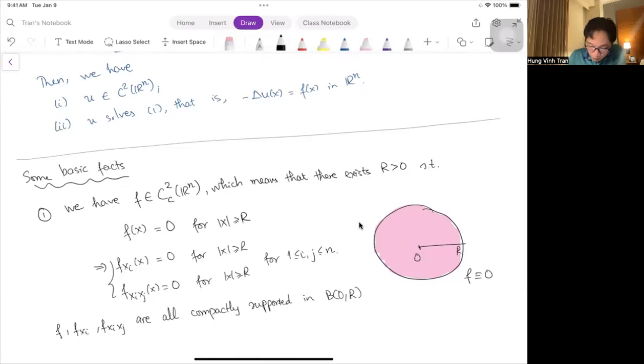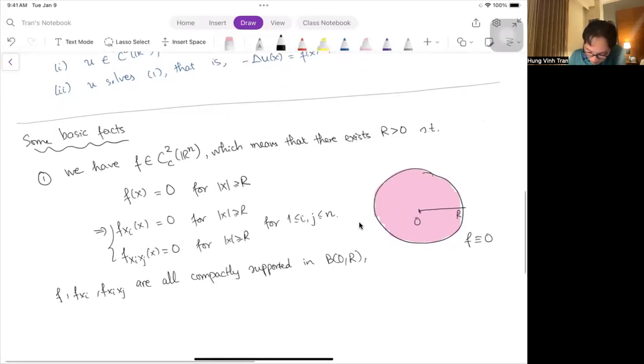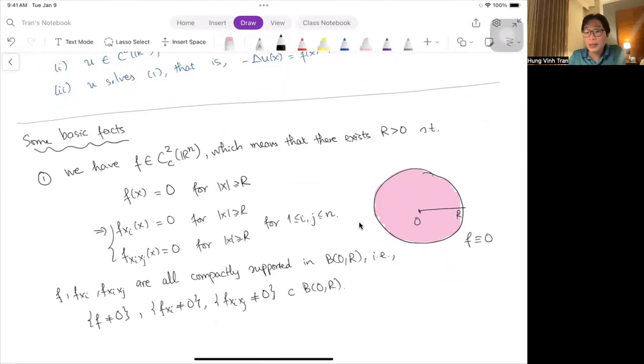Here compactly supported means that the place where f is not 0, again, f is 0 outside, or fxi is not 0, fxi xj is not 0, those sets are contained in this ball. Okay? And moreover, we are given the fact that they are continuous functions.